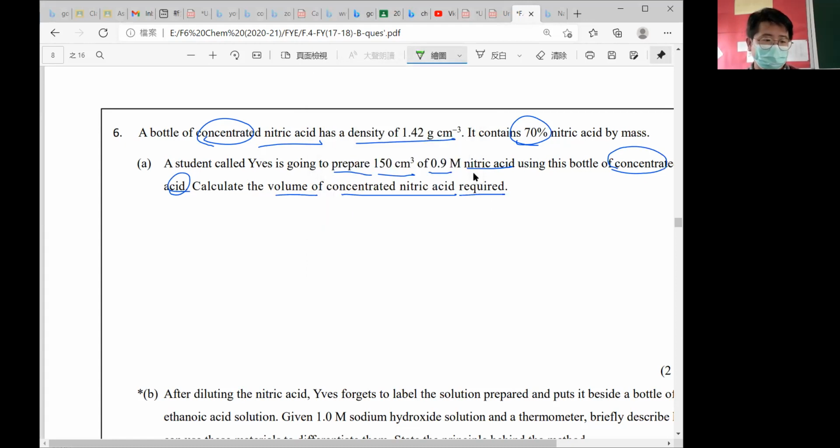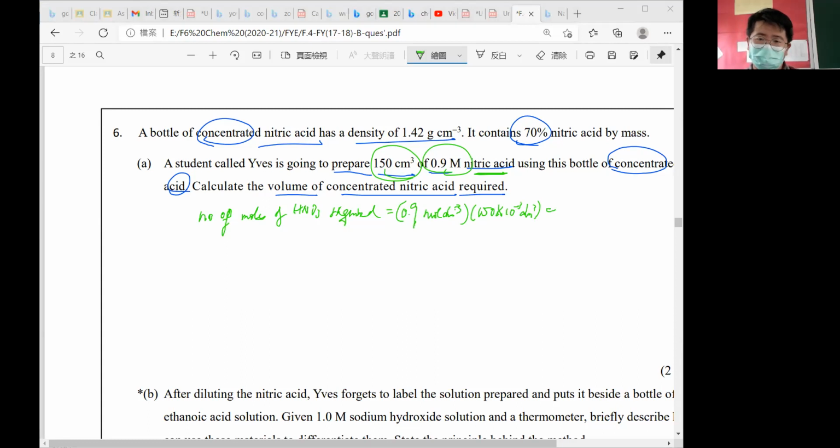Now, first of all, from these data, what will you get? Nitric acid with that dilution. You may get the number of moles of nitric acid required, which is 0.9 molar times 150 times 10 to the power minus 3 dm cube, and you will come to 0.135 mole.